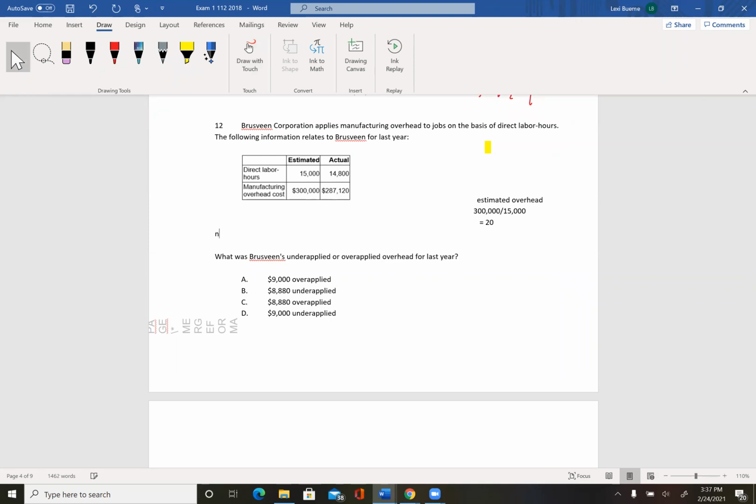And then you're going to find the overhead for the actual, which is, you're going to take the 1480, the direct labor hours, and then you're going to multiply it by the estimated overhead, which gives you 296,000. That's going to be what you calculated for actual overhead.